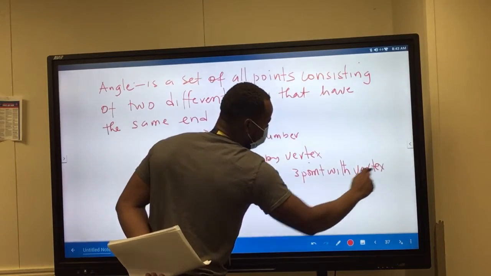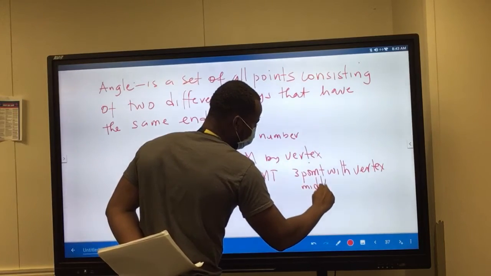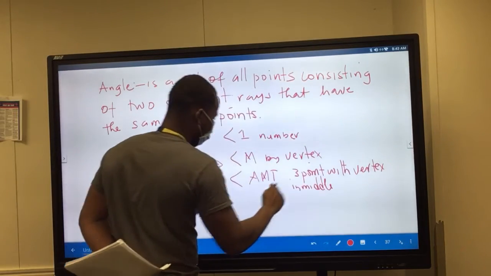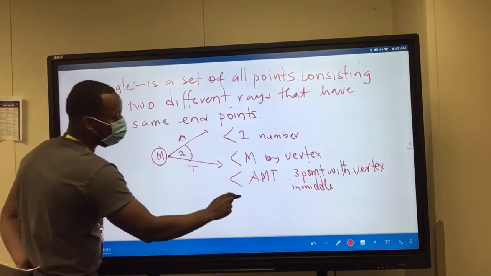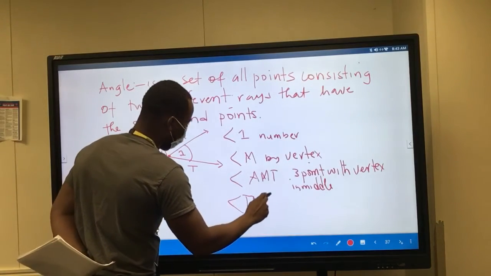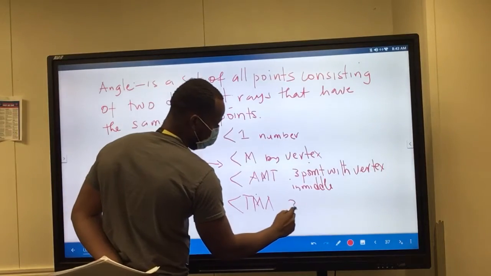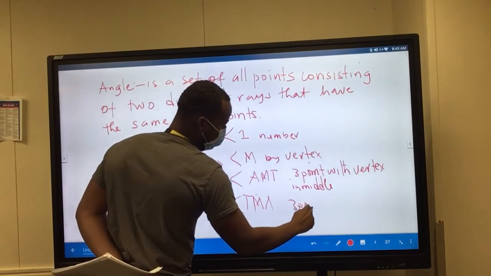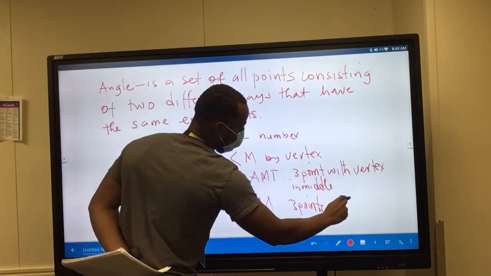It's very important. Another way is to name it from 3 points this way, so I can name it TMA. Remember also here the vertex is in the middle as well.